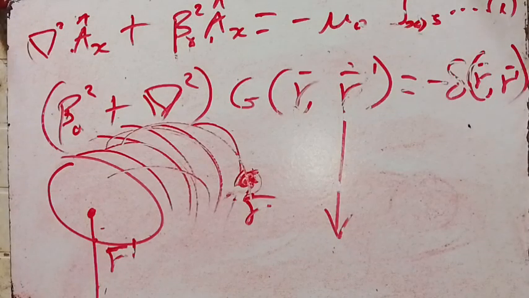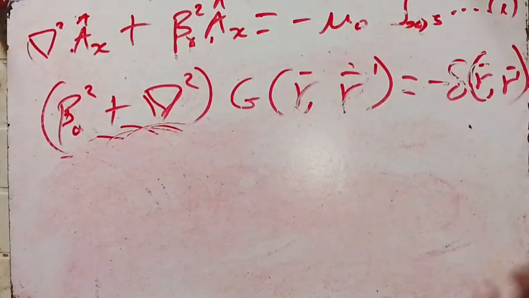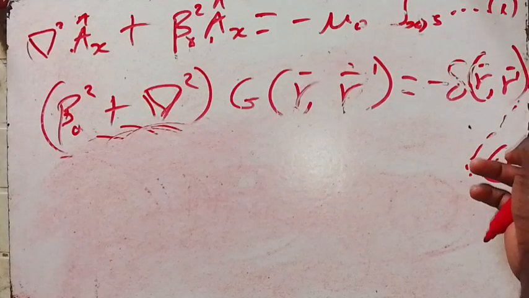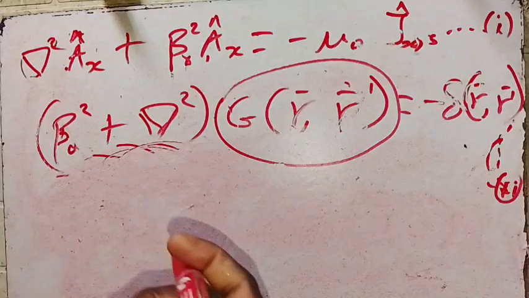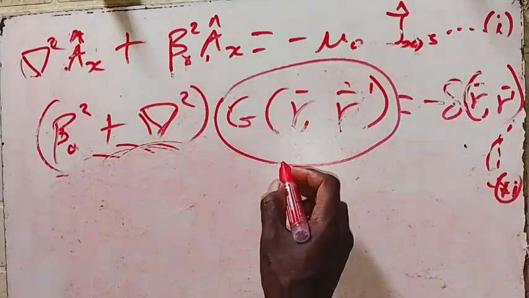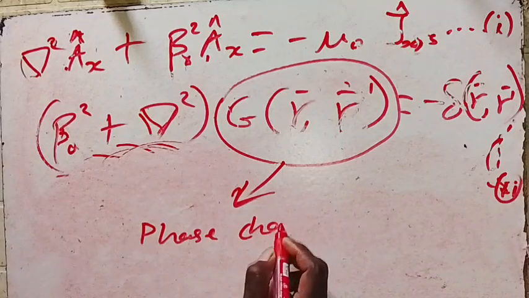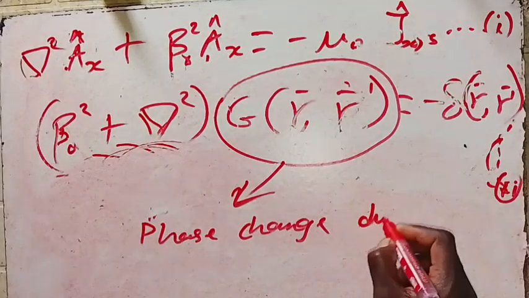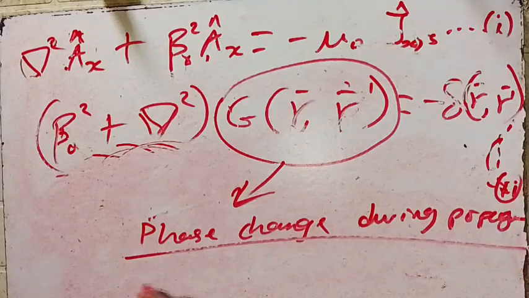Now look at this expression we have here. Let's call this equation 1. It is equal to the phase change during propagation, all over the spreading distance.